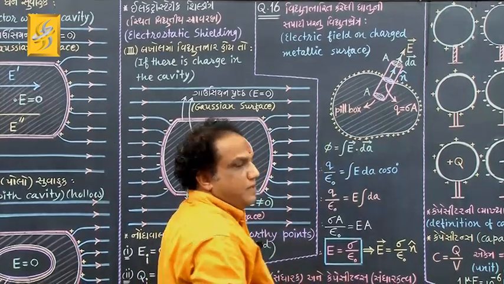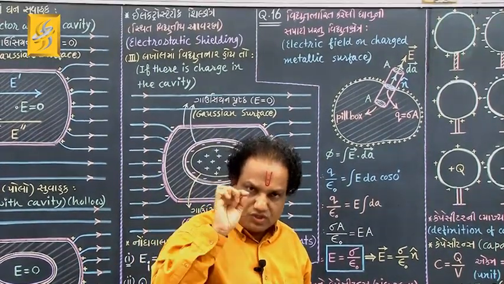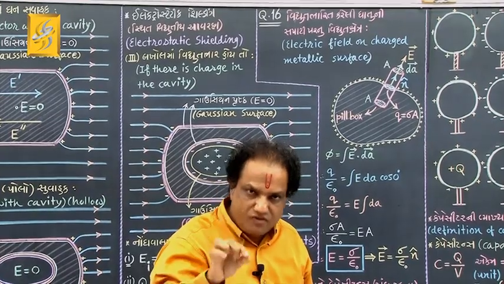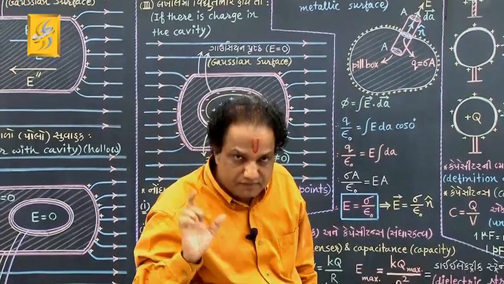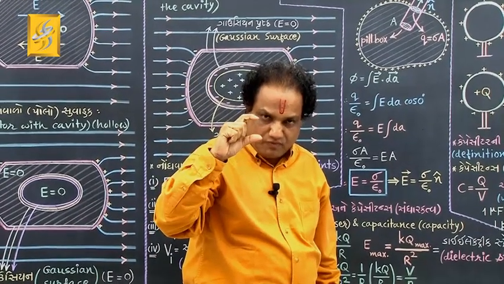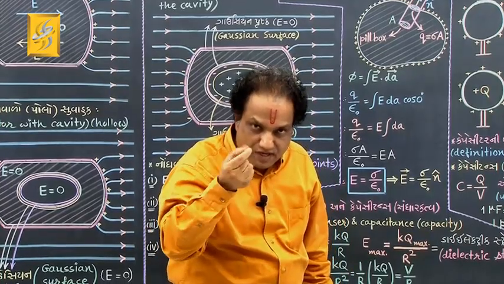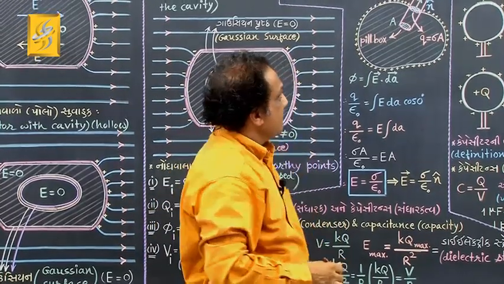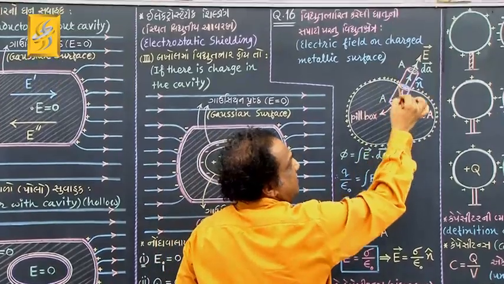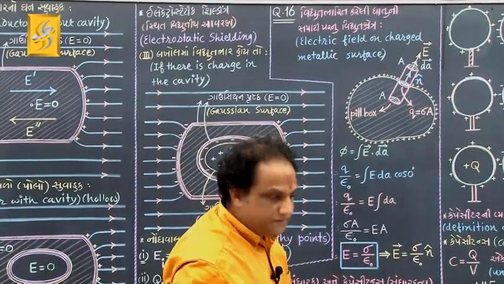Pills means small tablets, and a box to accommodate those pills is a pill box. It has this sort of cylindrical shape. Now, this is the considered Gaussian surface, which is closed and cylindrical in shape.